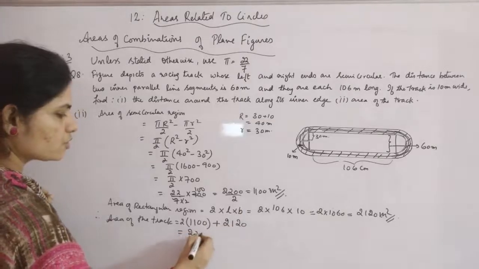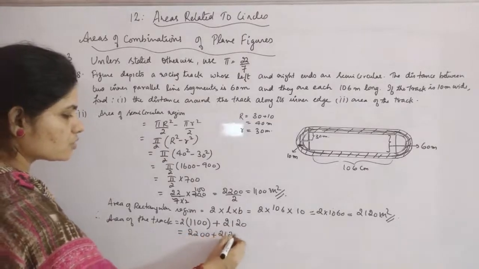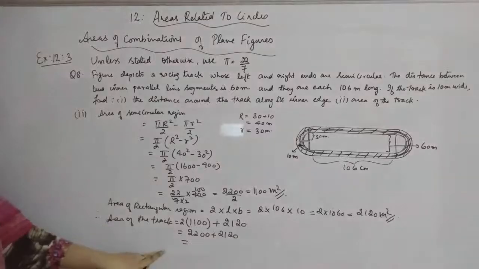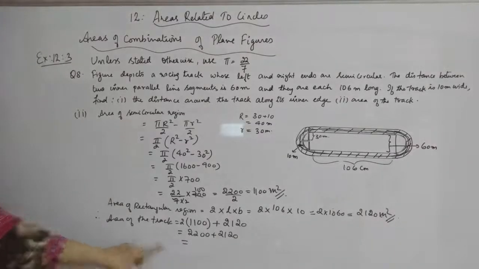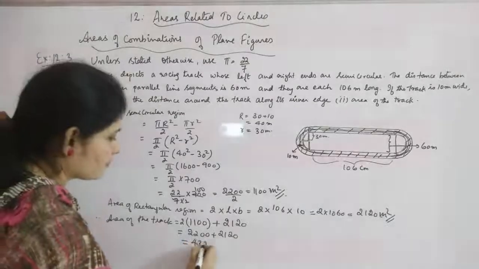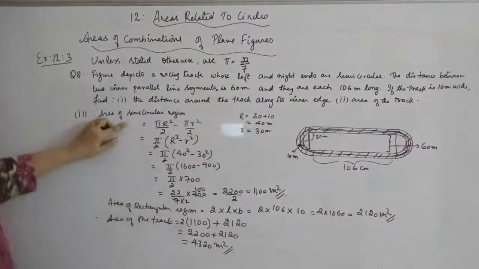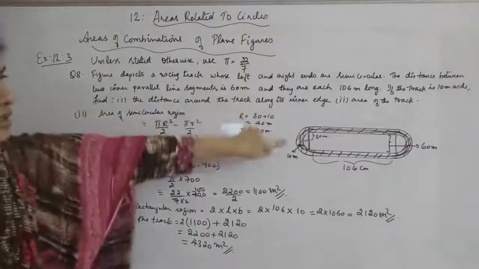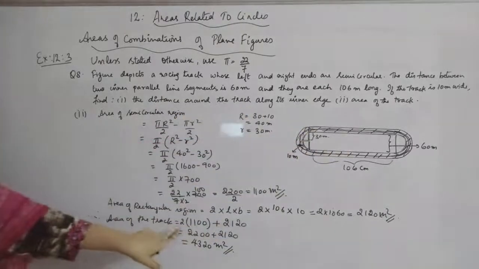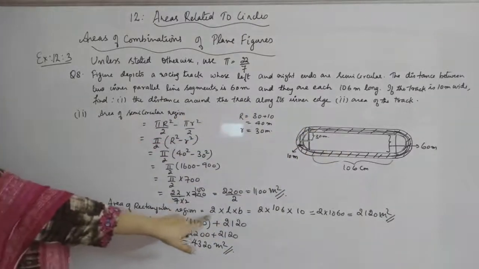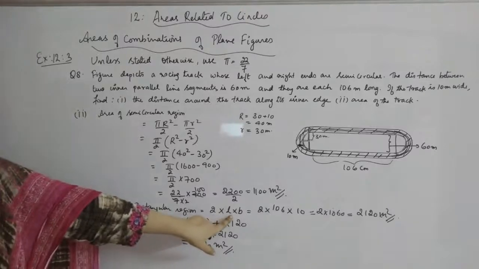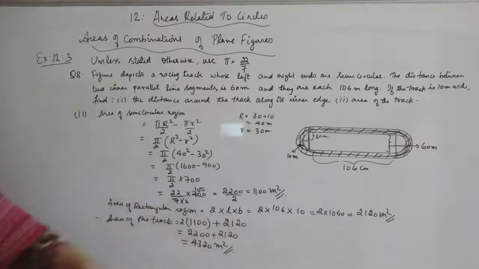That is equal to 2200 plus 2120, and that will give you the final answer as 4320 meter square. Here, understood, this is 2 into the area of one semicircular region, and for the rectangular region I have already taken the 2 times, so I have just added this. Okay.